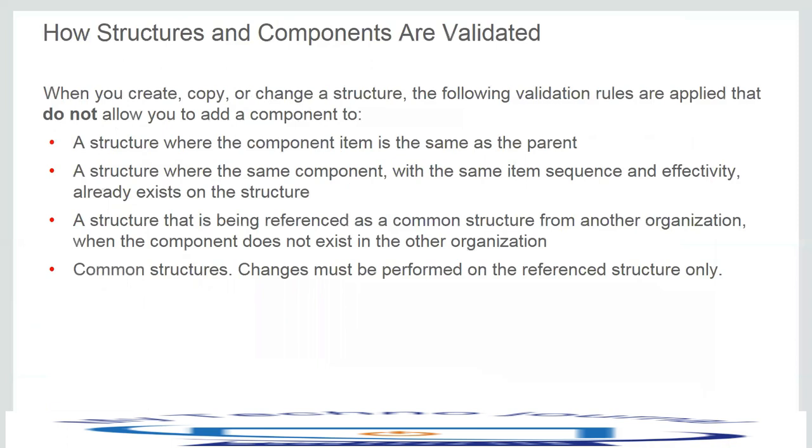Structure and component validation. So when you create, copy or change a structure, some validation rules are applied. The first one is the life cycle validation rule, which when enabled ensures that all the components are in the same life cycle phase or a higher life cycle phase than the parent item.